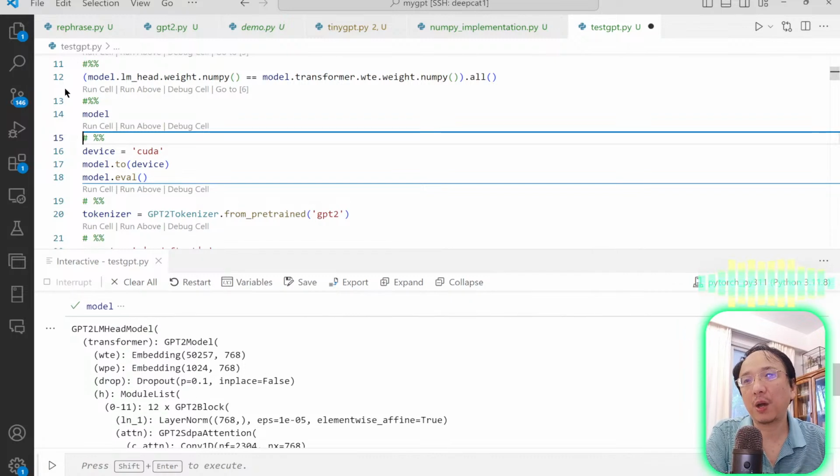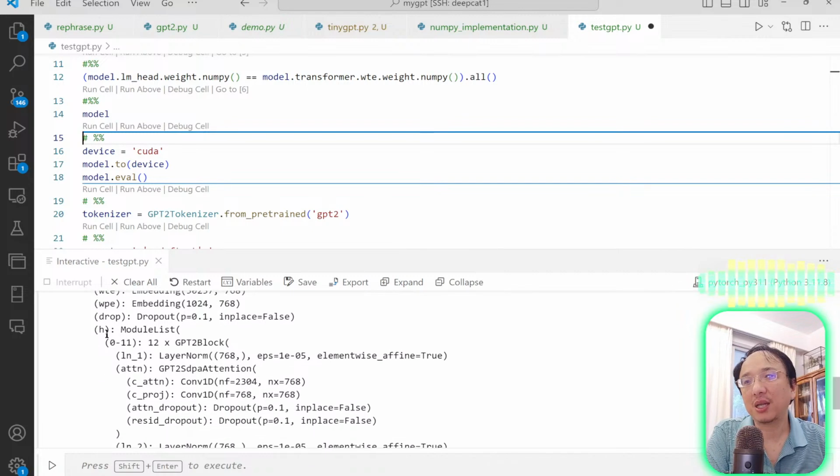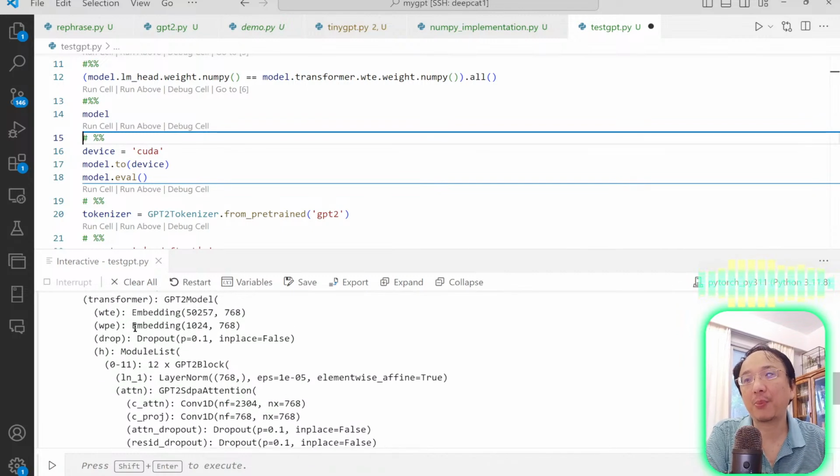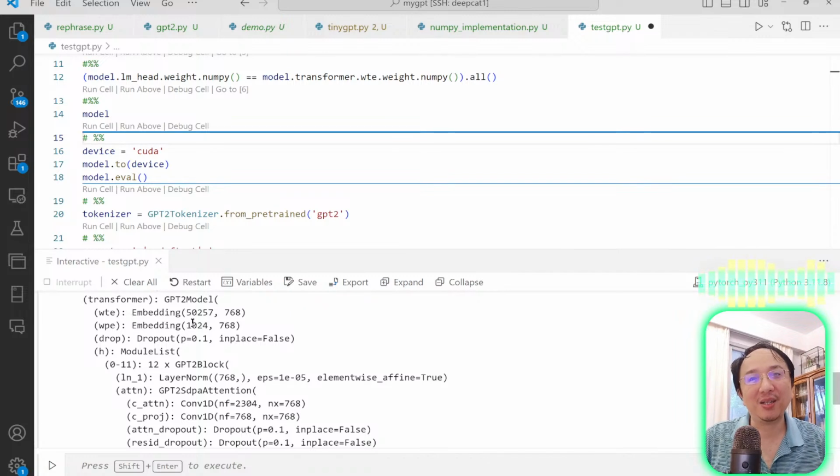Okay, so our model here we have already loaded, and just like other PyTorch models, when you simply see the representation of this model, you can see the different layers of it. You can see that there is WTE and WPE. They are embeddings, which we are going to talk about in detail when we demonstrate our GPT-2 implementation: the token embedding and the position embedding.